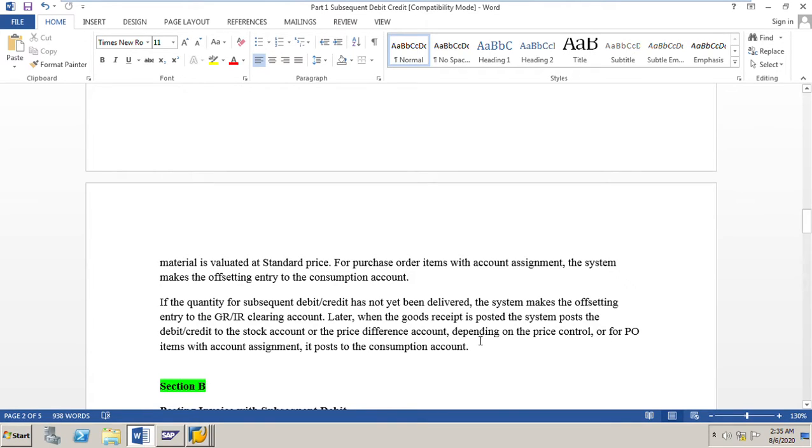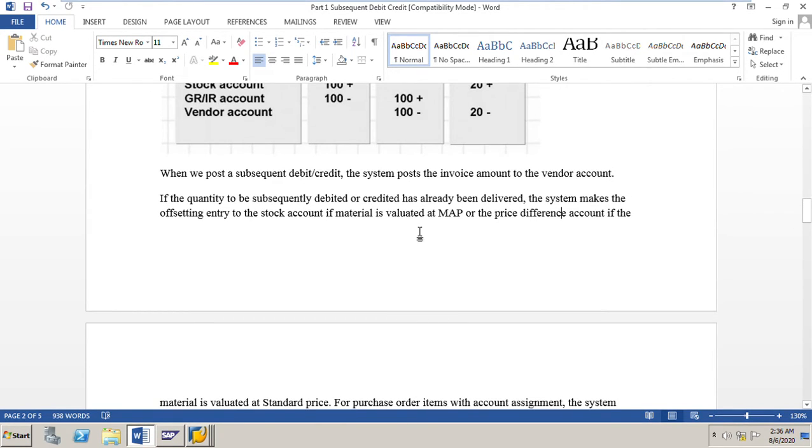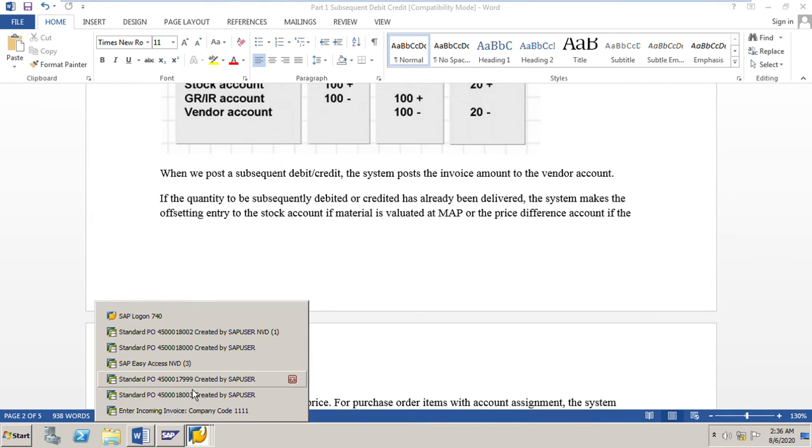If the material is valued at moving average price, it will update the amount to the stock account, or if valued at standard price, it will update the amount to the price difference account. Or if the material is procured for some account assignment, then the system will update that subsequent debit cost to the consumption account.